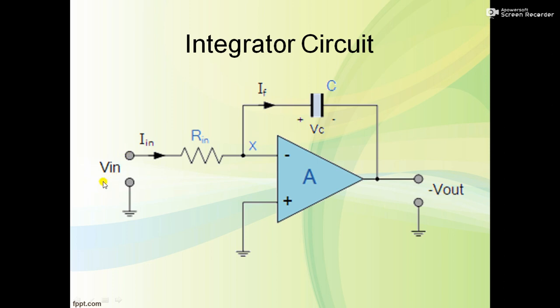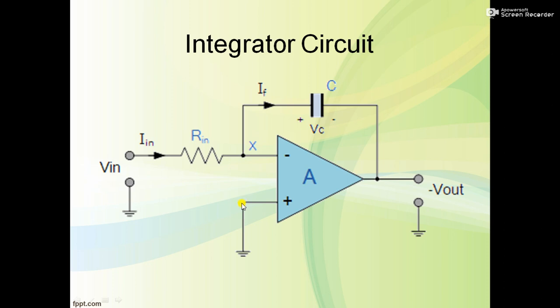When Vin is applied to this particular terminal, the current In flows through this input resistance Rin, and this is a node X. According to the virtual ground concept, the voltage at this X node is also equal to this node.